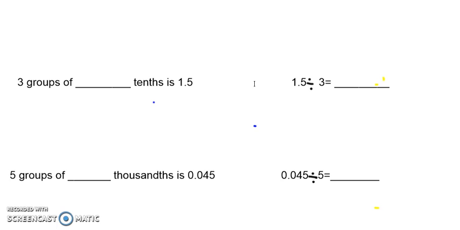Let's take a look at another way. 3 groups of blank tenths is 1 and 5/10. 1 and 5/10 divided by 3 equals blank. Here we are going to apply what we know about the relationship between multiplication and division. 3 groups of, so this is saying 3 times something equals 1 and 5/10.